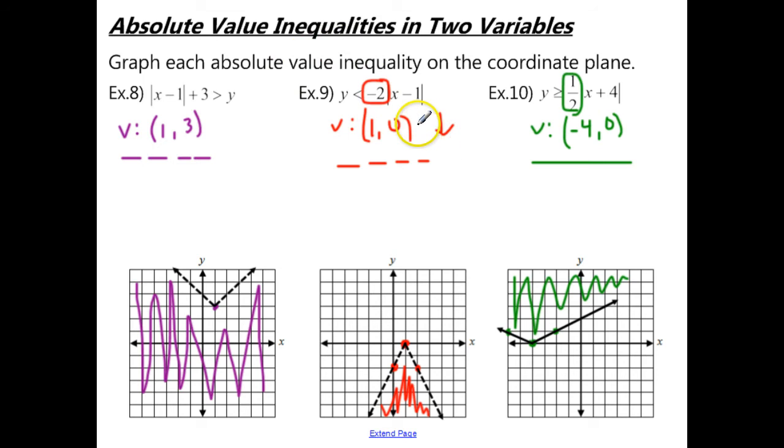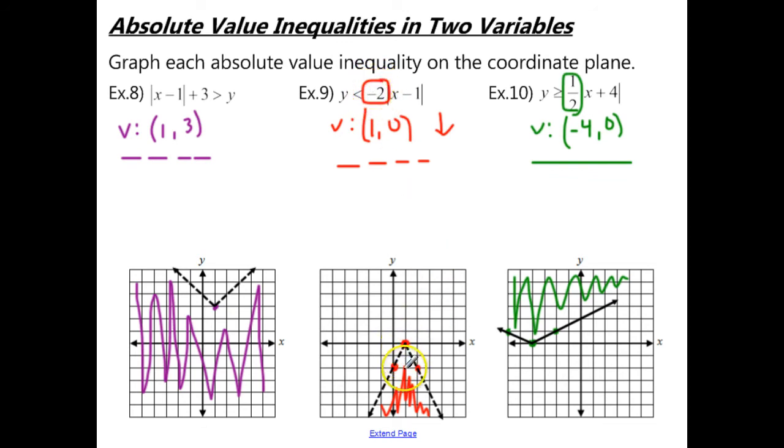Now on this one, you have a couple things to focus on. Vertex is (1, 0), okay? But because a is negative, this is going to open downwards. It is a dotted line, and again, we have a change in the wideness of our absolute value. So we plot that vertex (1, 0), and then remember, it needs to go downwards, but you use the slope to get the point on the right.